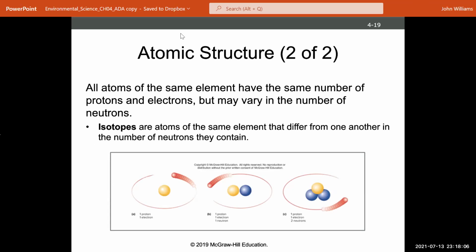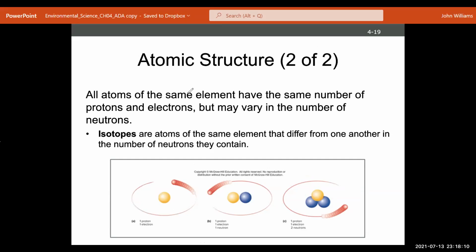With atoms, you can determine their atomic mass by how many protons and neutrons they have. If you looked at a periodic table, you would see a bunch of rectangles with an element symbol, the atomic number, and then the atomic mass.